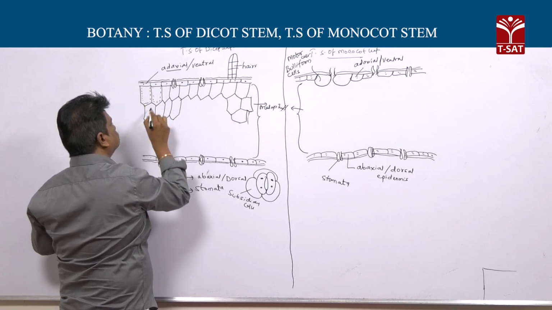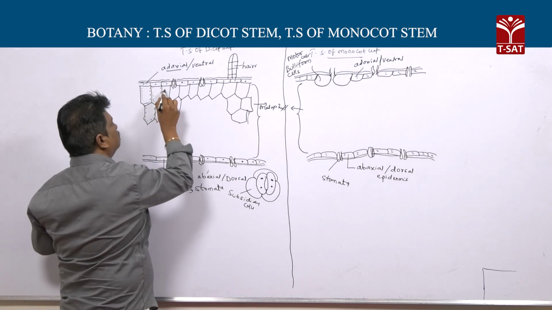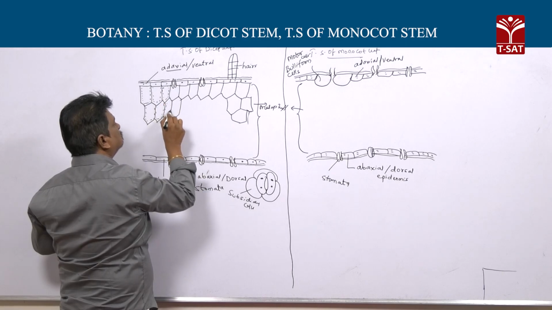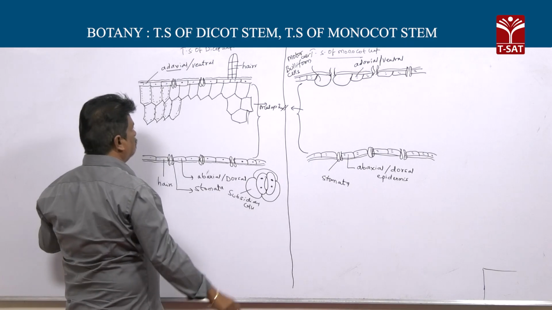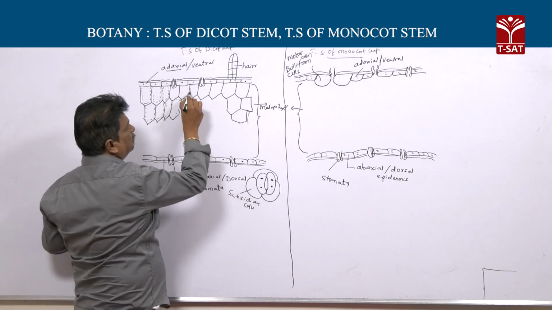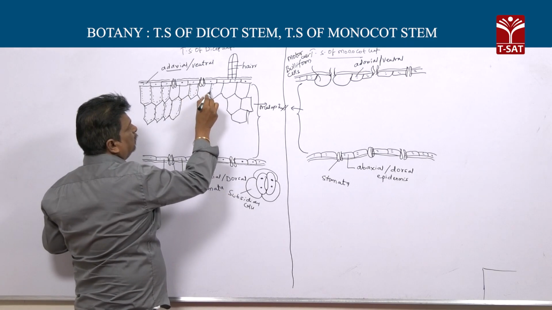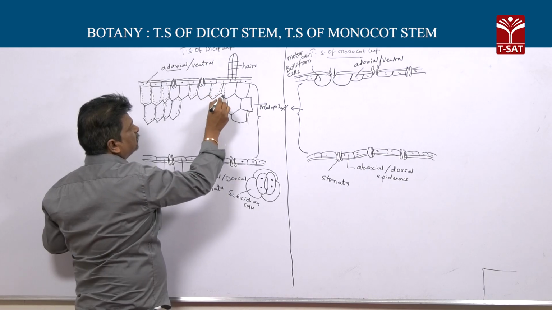Palisade cells are columnar or cylindrical, closely arranged, either without or with narrow intercellular spaces.